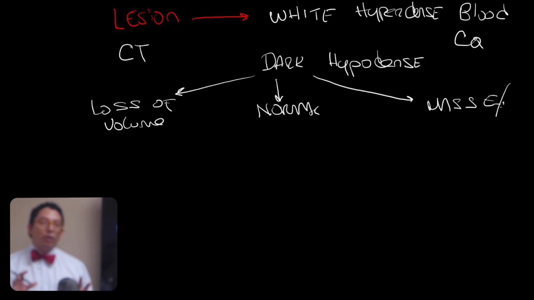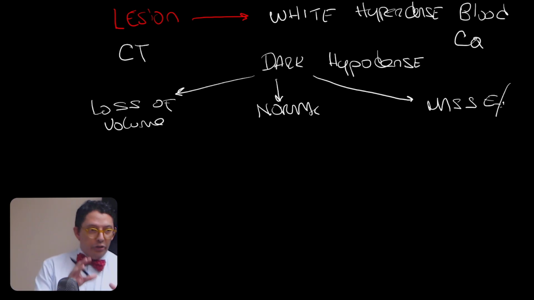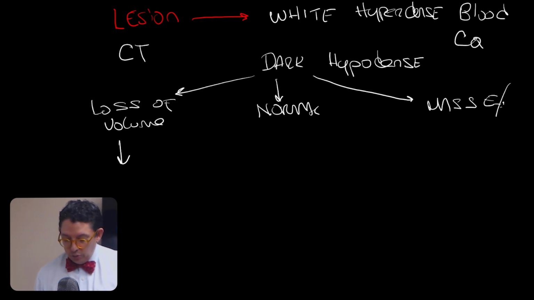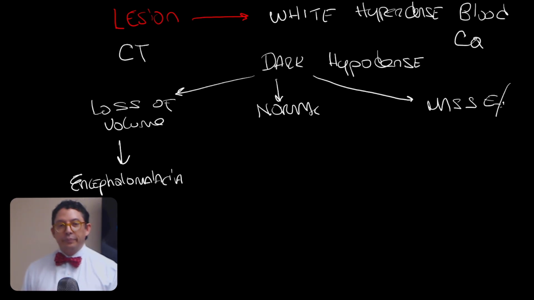When you have loss of volume around a dark lesion, that translates into brain death, or brain that is dying, and we call that encephalomalacia. I'll show you examples of that.